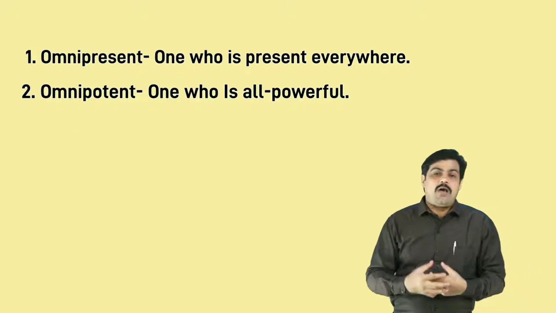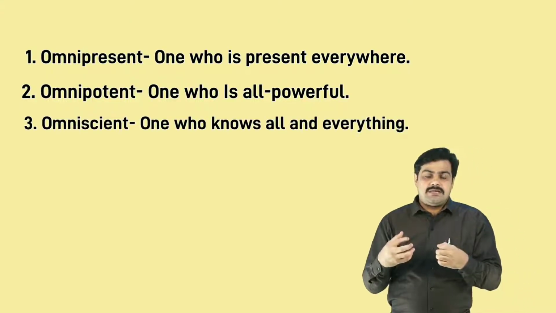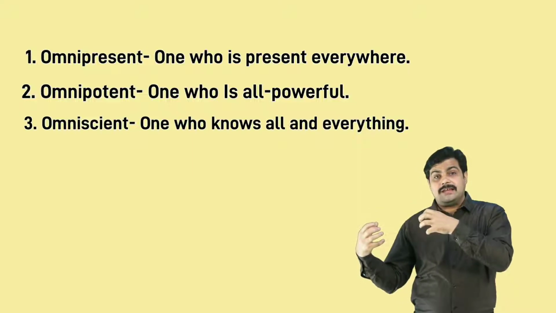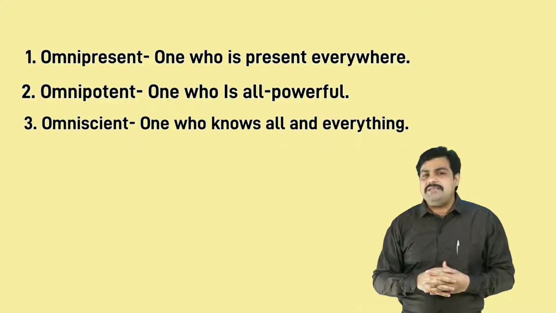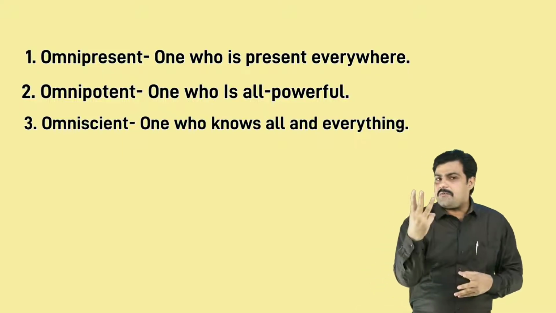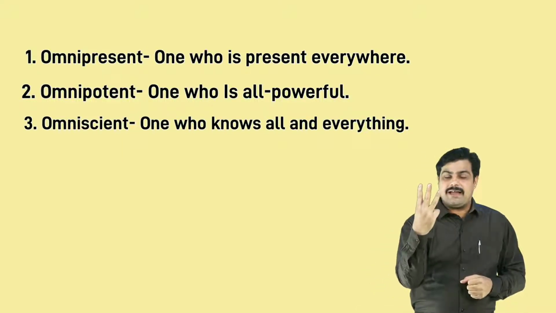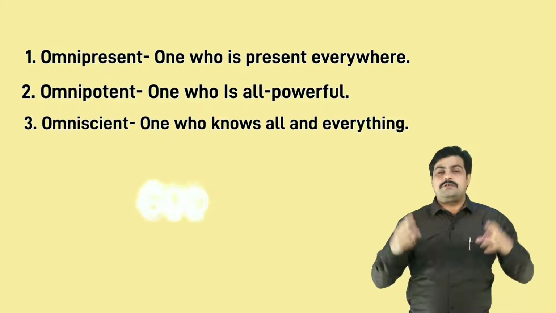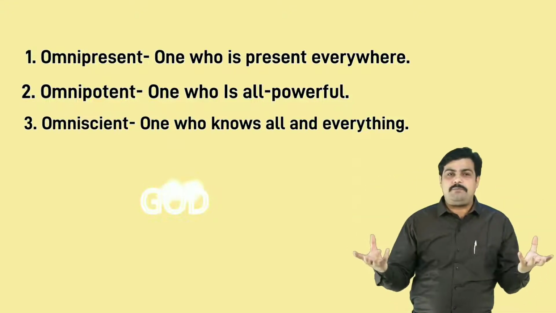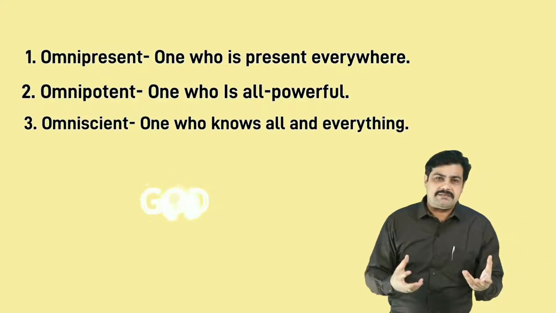Another word is omniscient. Scient, science, knowing, means one who knows all is known as omniscient. So these are the three words used for one, and he is the Almighty God. God is omnipresent, omnipotent, and omniscient.